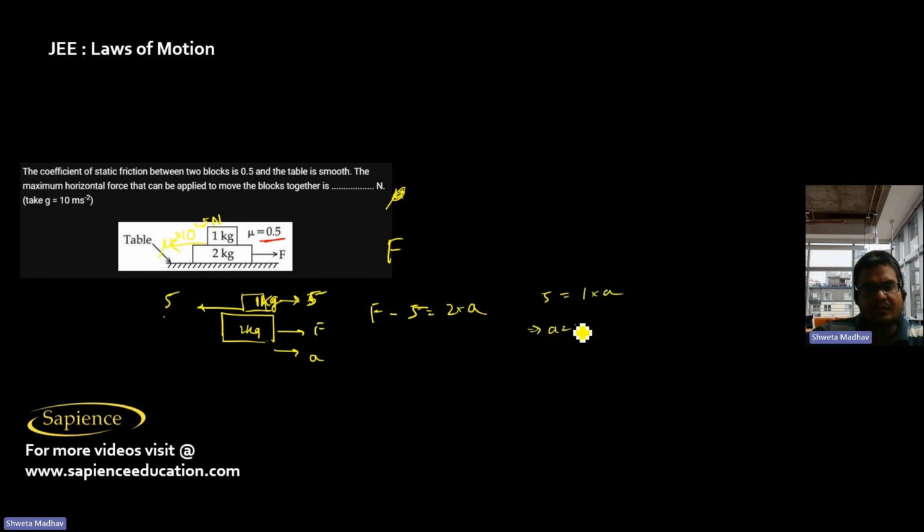So therefore a equals 5. Therefore F will be equal to 5 plus 2 into 5, that is 10, 10 plus 5, that is 15. So the force is 15 Newton. So the maximum horizontal force that can be applied to move the blocks together is 15 Newton.